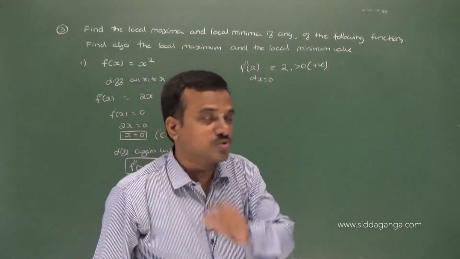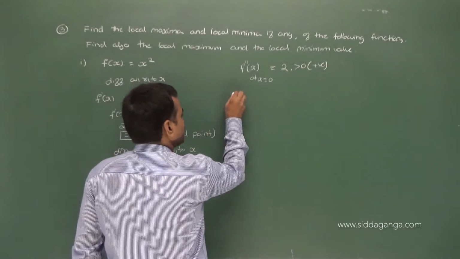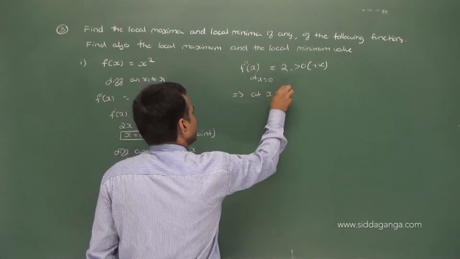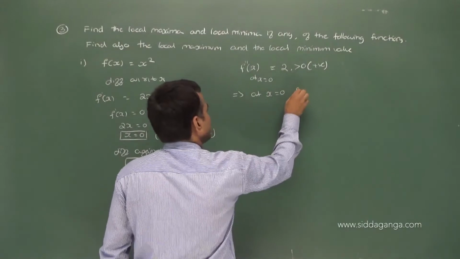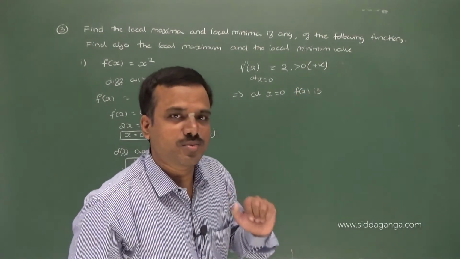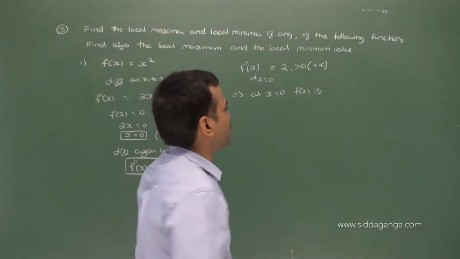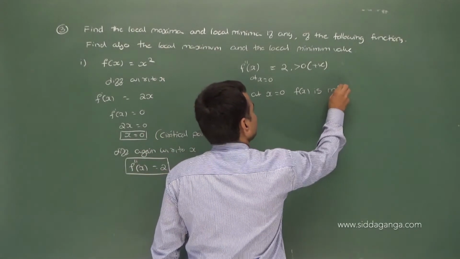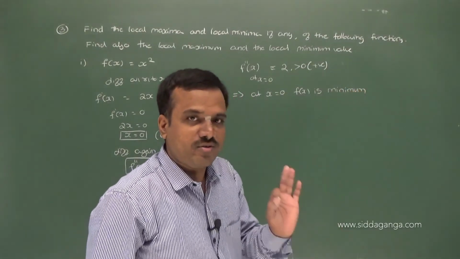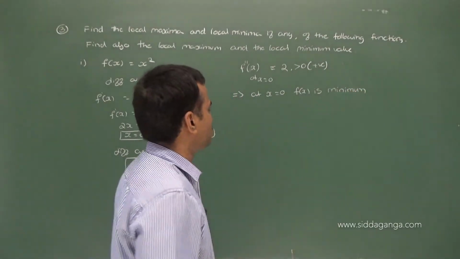If it is positive, that implies at x is equal to 0, f of x is maxima or minima? Minimum. This is very important. f of x is minimum.